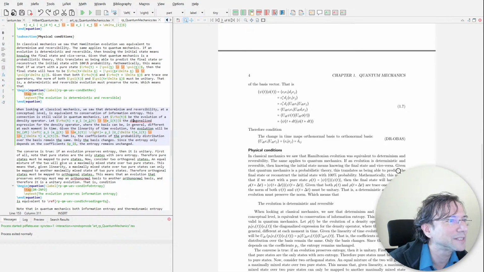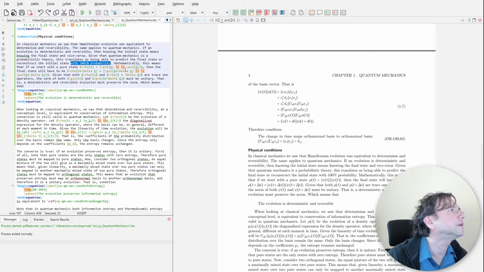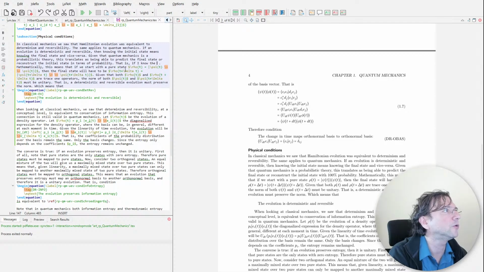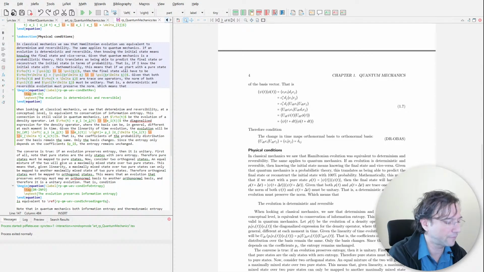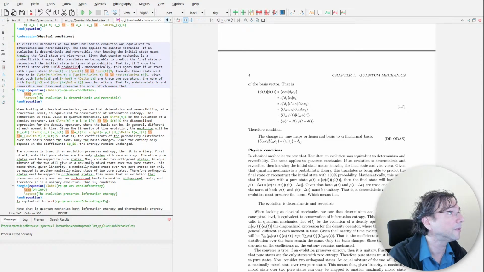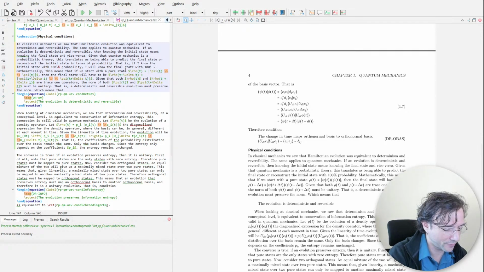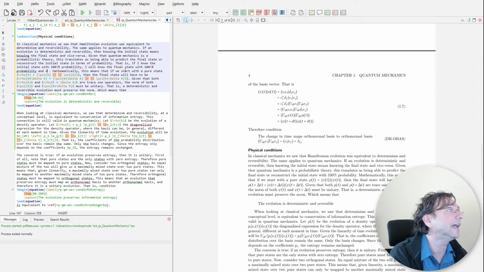I should actually say that in terms of probability: if I know the initial state with 100% probability, I will know the final state with 100% probability, and vice versa.